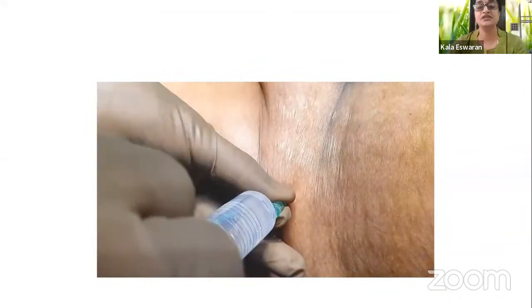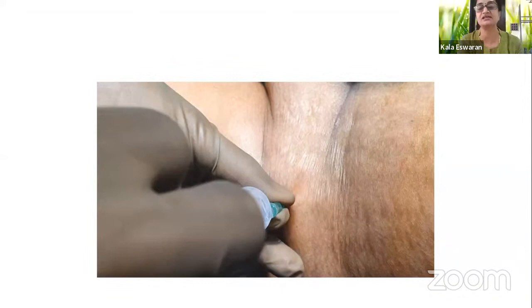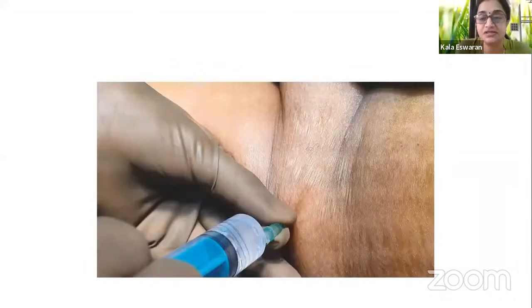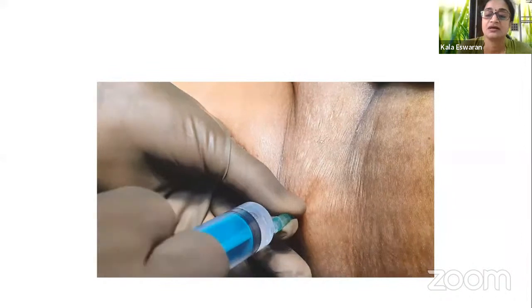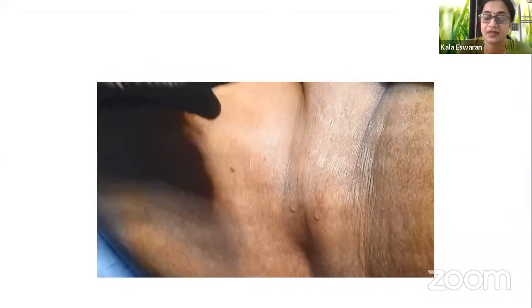Okay. Now coming to the effective volume. What is effective? I'll go through certain history also. First, it was described by Winnie et al. in 1973 as a 3-in-1 block, where he used around 30 to 50 ml of drug.